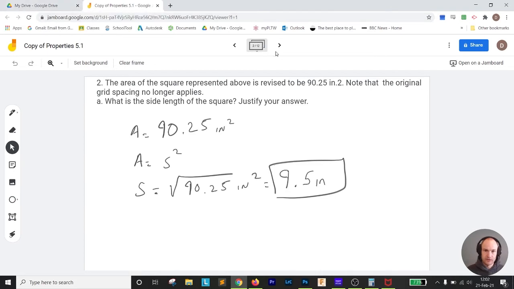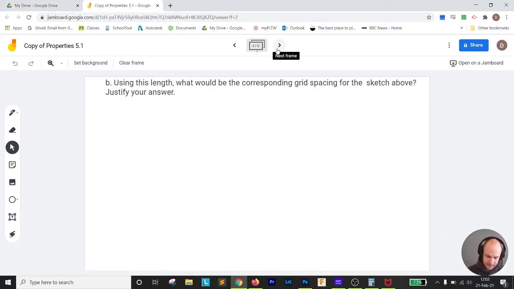So going to the next question, for B, it's saying, using this length, what would be the corresponding grid spacing for the sketch above? Justify your answer. Okay, so before, our grid spacing was 1 inch per grid, and that was when the area was 64, because that just happened to work out.